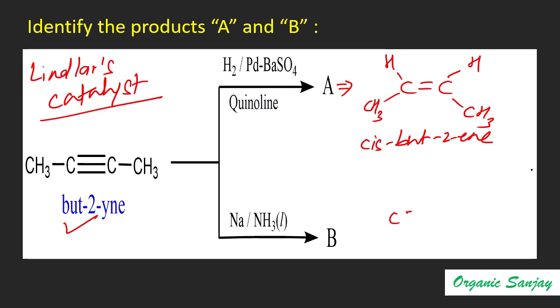B means trans-but-2-ene. Here the 2 hydrogen atoms will add from the opposite side. The mechanism is such that the 2 hydrogen atoms add from opposite sides and give trans-but-2-ene. So these are the structures of A and B. I hope you understand.